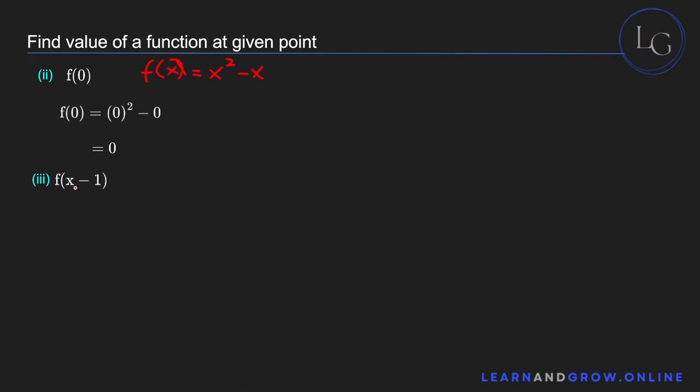Now, here's another one. f of x minus 1. And like I said earlier, the simple way to solve this is to replace this x and this x with whatever is in the bracket, and that is x minus 1, right? So this becomes x minus 1 whole squared, and this becomes x minus 1.